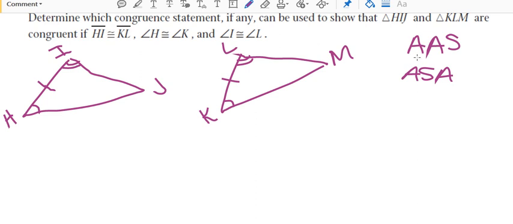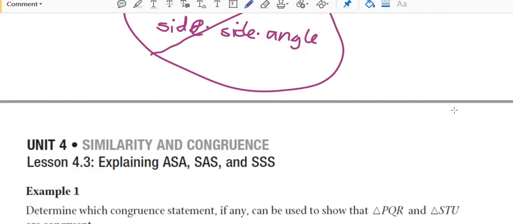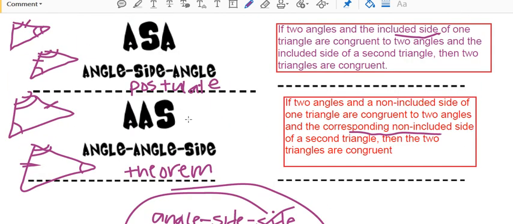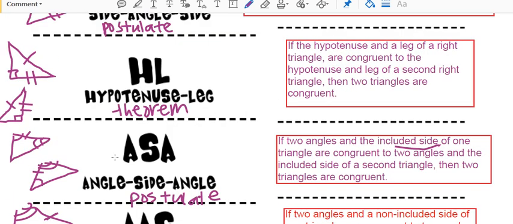So let's go figure out what the difference between those two are. Angle, angle, side has a side that is not included, and angle, side, angle has a side that is included.